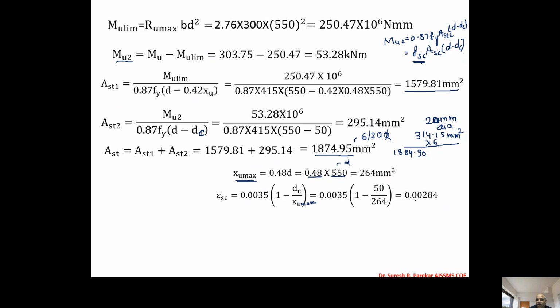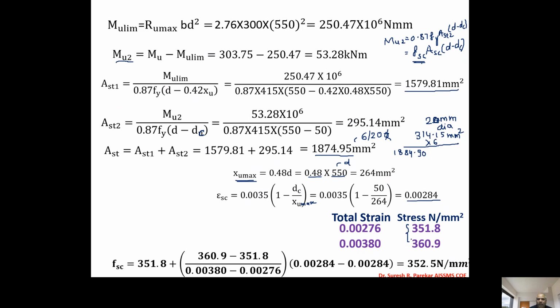Now for this 0.00284, we have to calculate the value of FSC. So this strain is 0.00284, so it is between 0.00276 and 0.00380, and our value will be in between these two.